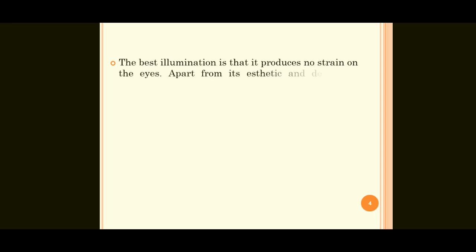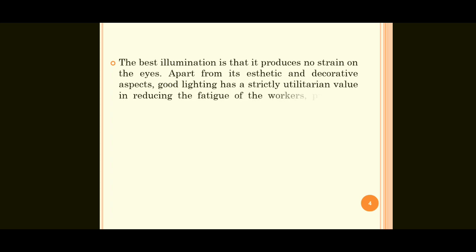The best illumination is that which produces no strain on the eyes.